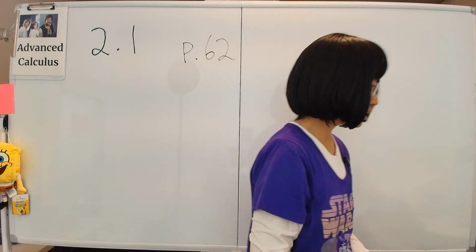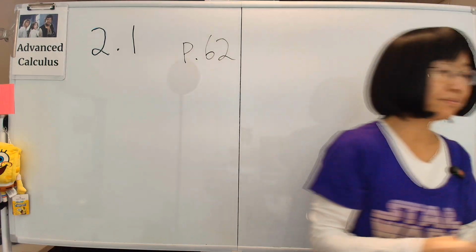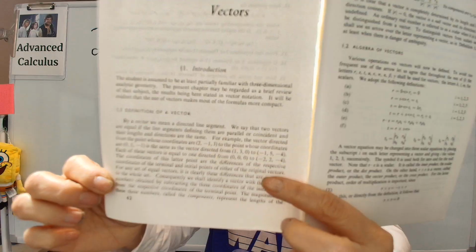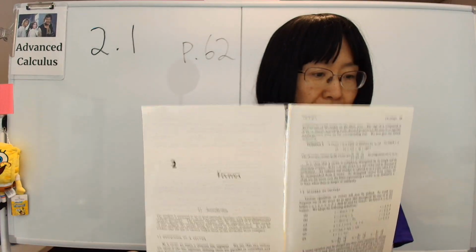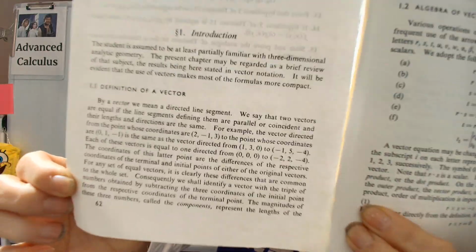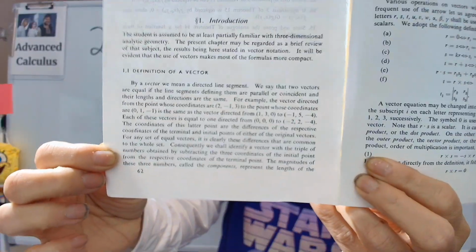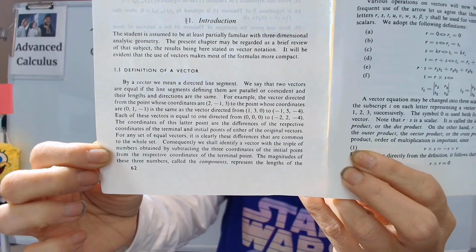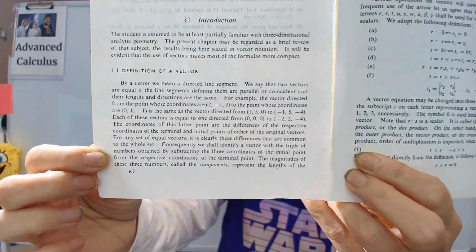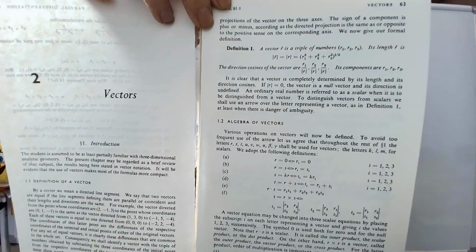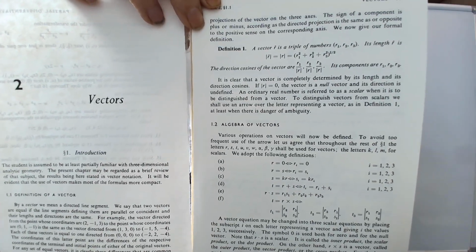All right, so now we can start with the book. For the first couple of pages of the book, this is page 62. That's where we're starting. For page 62, please read this yourself because it has a short review from the ground up of what a vector is. And page 63 is similar, with all the details of what the magnitude of a vector is, and what a null vector is.